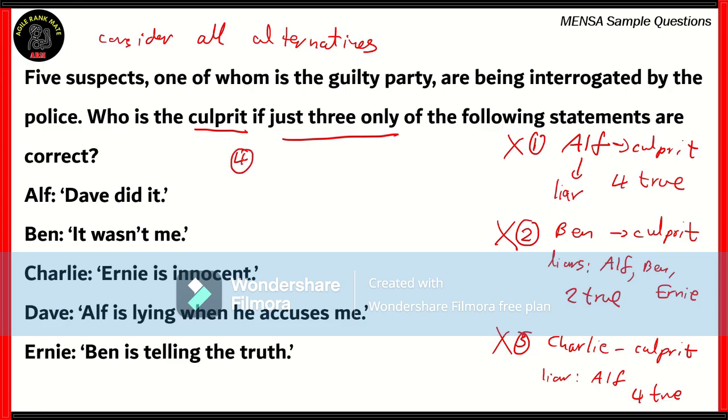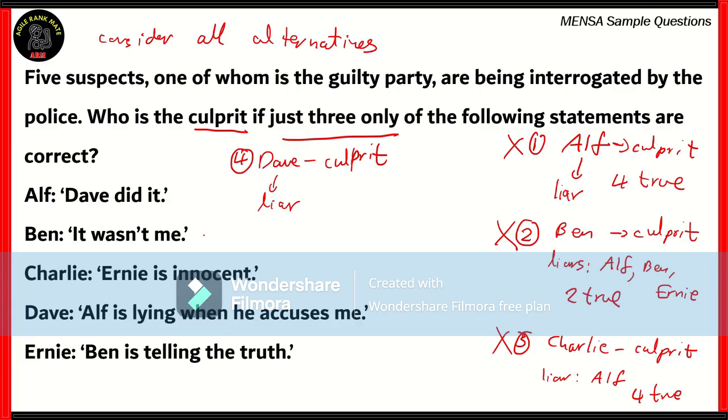Now, what about scenario number 4? Let's consider Dave as the culprit. Now, when Dave is considered to be the culprit, then we can see that Dave is also a liar. Now, what is that? Alf accuses Dave of committing the crime. However, Dave says that Alf is lying when he accuses me. So therefore, that means Dave's statement is incorrect. It's a lie.